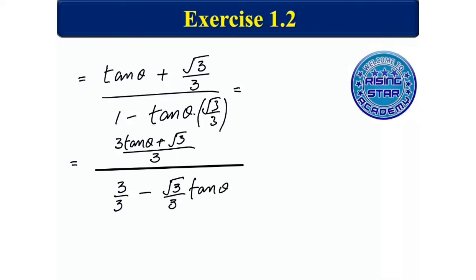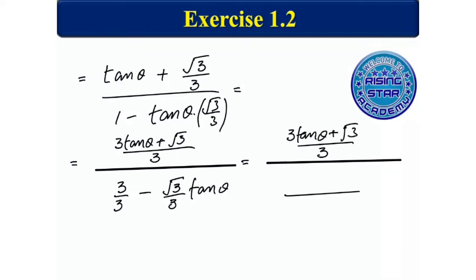Now again we take the LCM, so we get 3 tan theta plus root 3, and the denominator is 3 minus root 3 tan of theta.